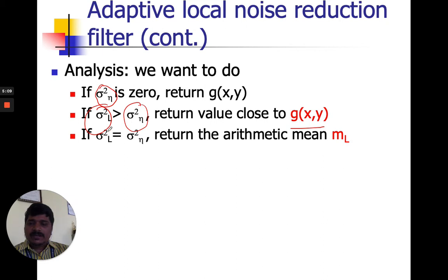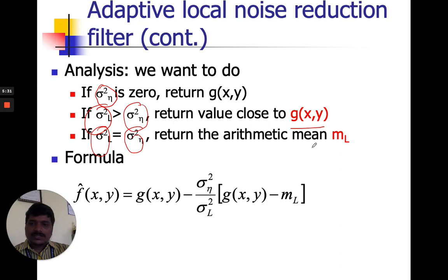If the local variance is equal to the noise variance, it returns the arithmetic mean. We have already studied the arithmetic mean filter previously. Based on these variations, local noise reduction can easily be done with the adaptive filter.